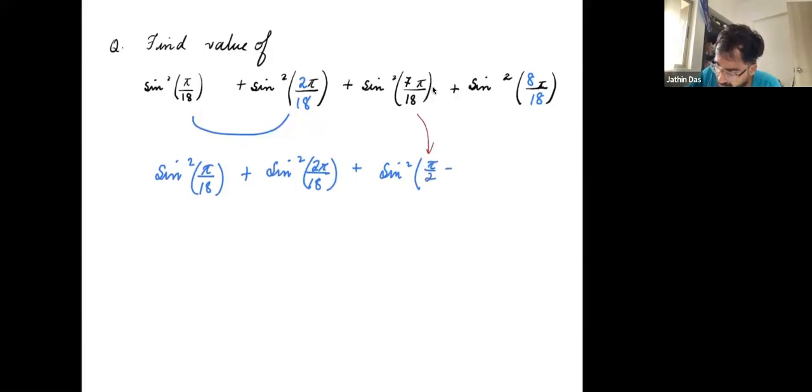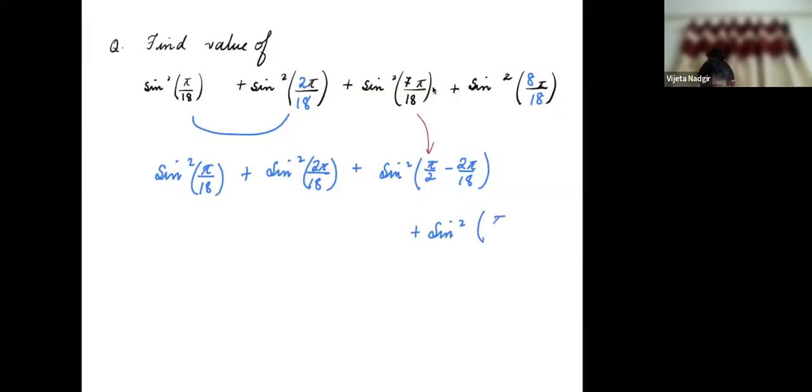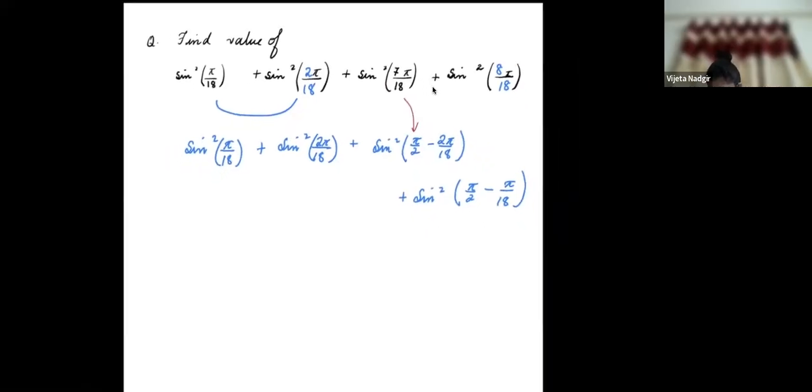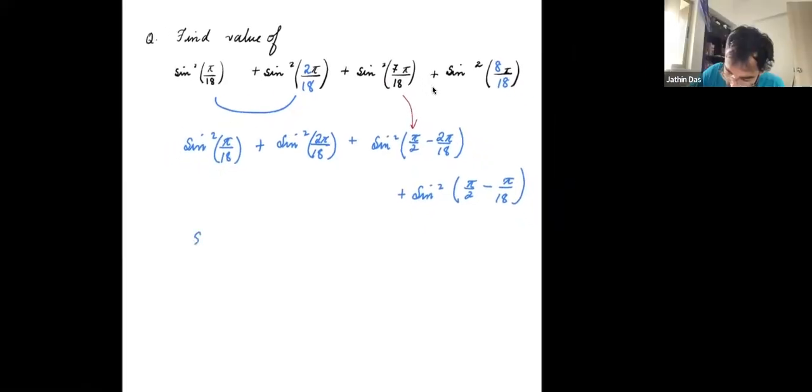So pi by 2 minus 2 pi by 18, I think you might have got. 18 you divide by 2 and then subtract from 7. 18 you divide by 2 and subtract from 8. So it will come like that, right? Good.